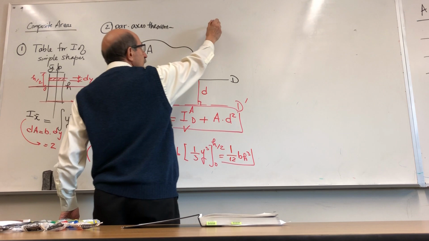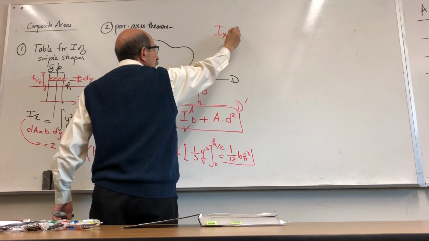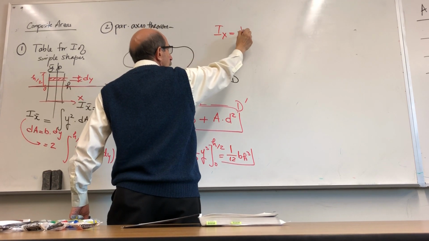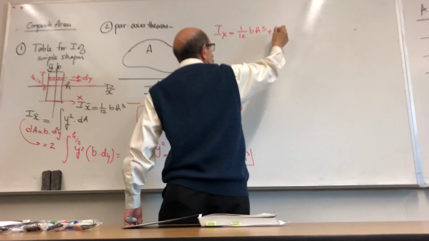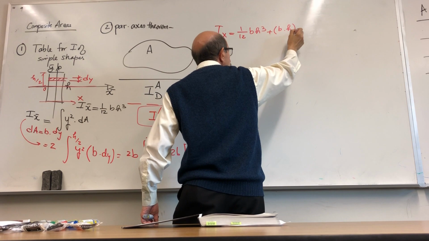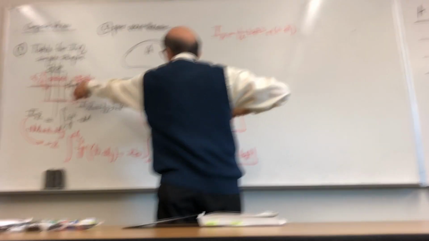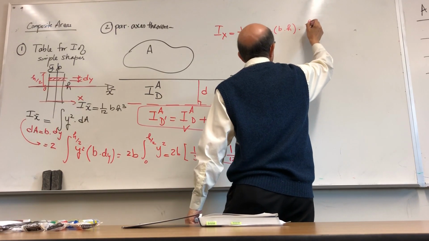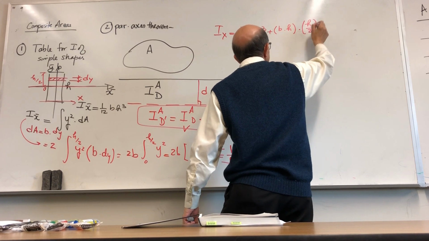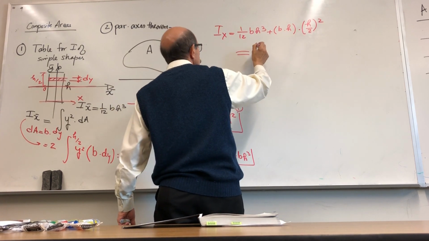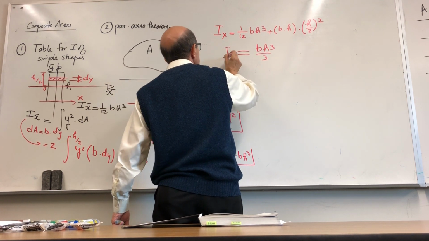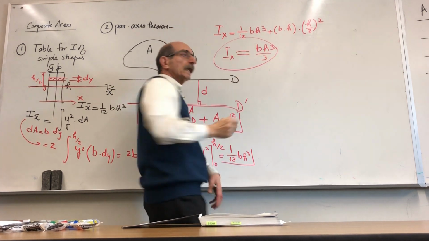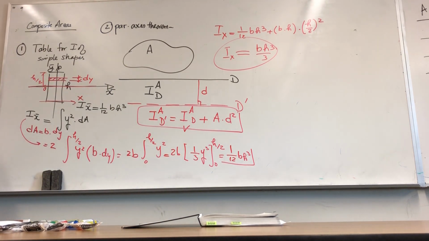If you want to find the moment of inertia about x, you simply write 1/12 b h cubed plus the area, which is b times h, times the square of the distance between the two, which is h over 2 squared. So if you simplify this, you see that this comes out to be b h cubed over 3. So that's how those are tabulated.